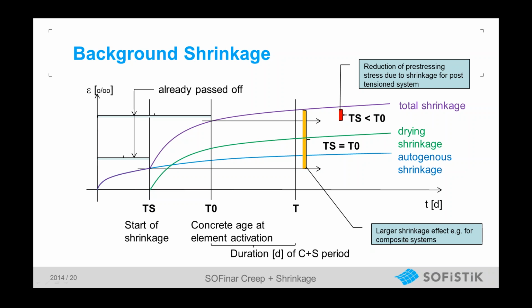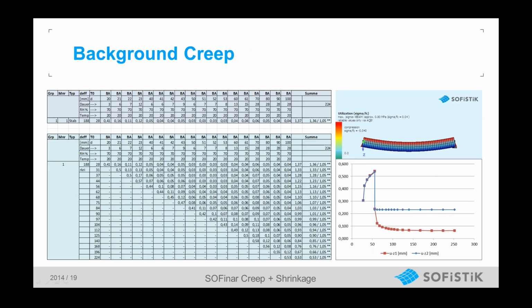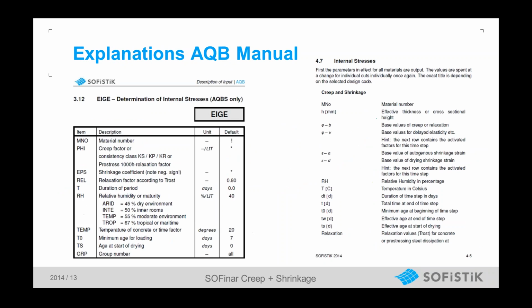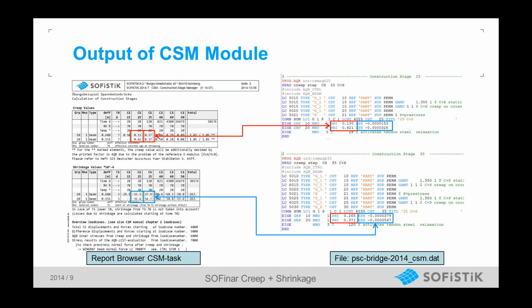Now again, there are two things which are very important for you in bridge design. You see a red area which is called TS smaller than T0, and you see a yellow area where TS equals T0. So what happens now? The standard procedure is, and I have to go back a few slides, sorry.